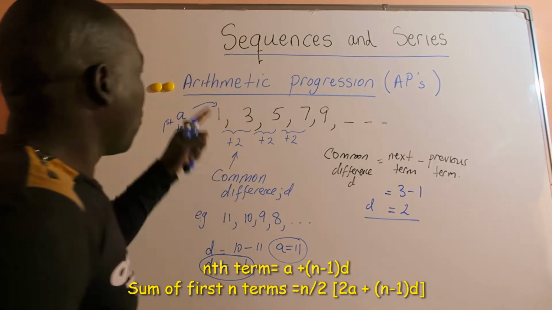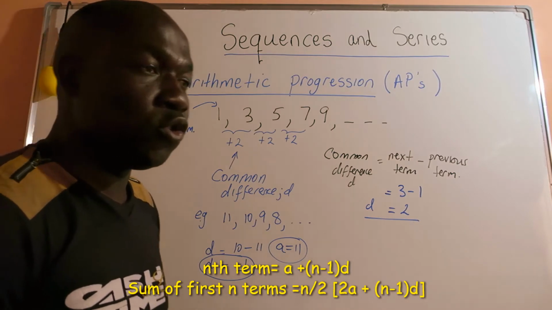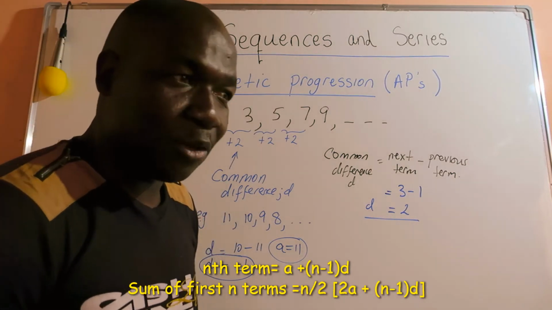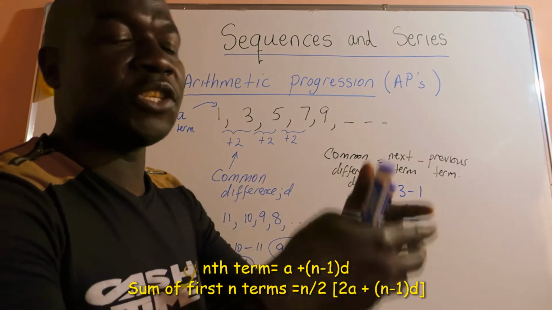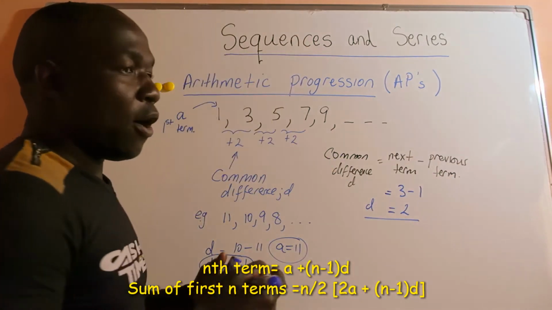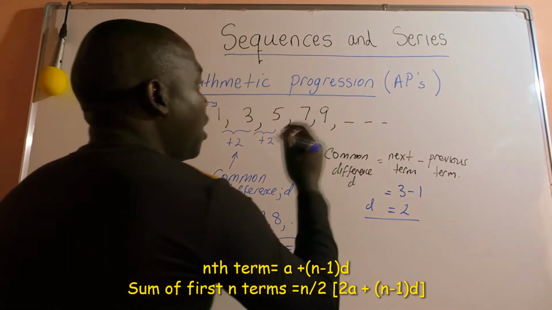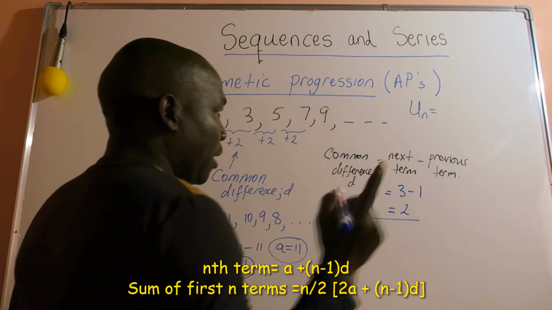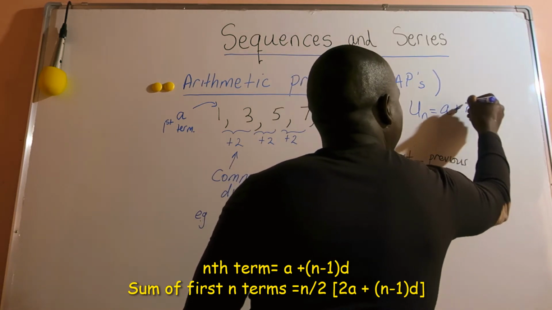Now, when you're looking at arithmetic progressions, what is very important is to be able to use the formulas, which are given, to get the nth term and the sum of the first n terms. In your MF19, the formula booklet, you are given the formula for Un, the nth term: A plus (n minus 1)D.